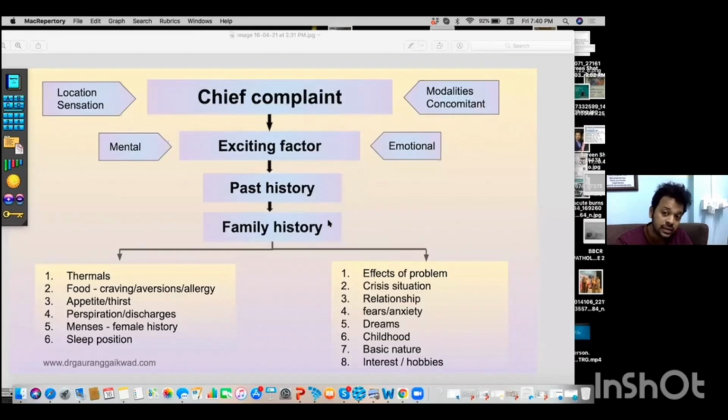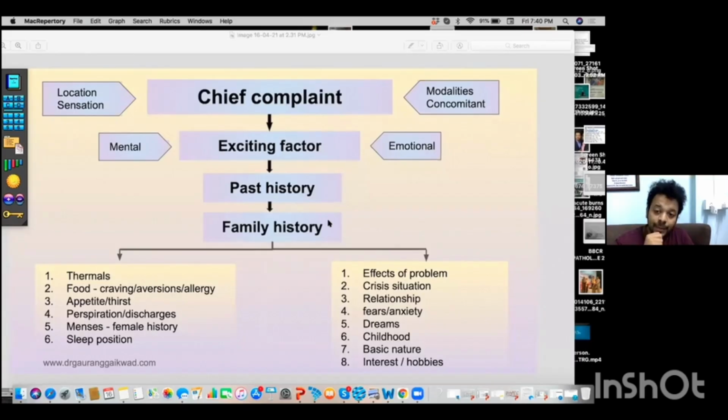What are the illnesses in the family? Sometimes it can show you a kind of background, like my guru used to call the soil. What does the soil mean? Soil is the area on which the plant grows. Similarly, family history is the soil on which the person's constitution grows.